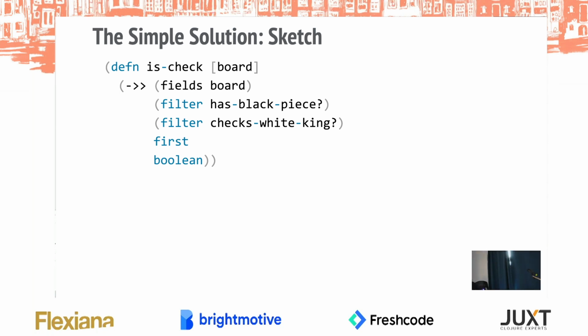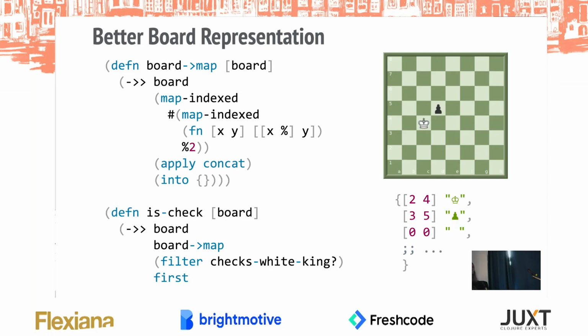So the first thing we're going to do is change the board representation. Rather than a vector of strings, I prefer to work with a map, which maps the coordinates of pieces to the pieces themselves, or spaces in case there's no piece at those coordinates.